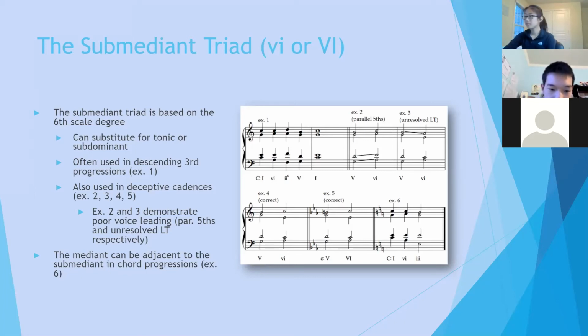And example 4 and example 5 are correct examples, and they sound like this. And example 5 is just example 4 in minor. And the mediant can also be adjacent to the submediant in chord progressions, as in example 6, which sounds like this.